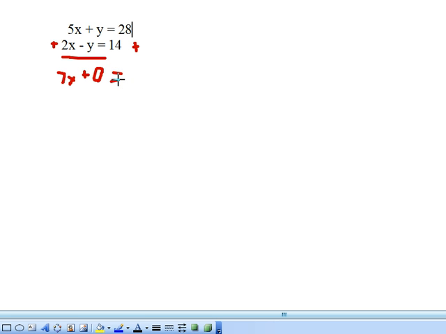Equals 28 plus 14 is 42. Okay, and then we'll bring that down. 7x is equal to 42.